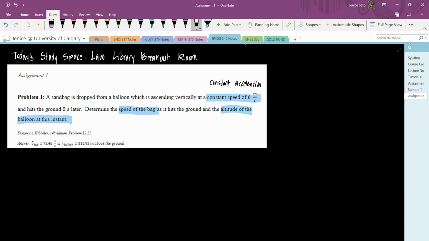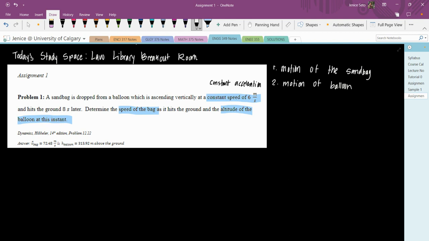There are 2 things that we need to keep in mind. First, we have to look at the motion of the bag. And we have to look at the motion of the balloon for the second part of the question. Since this does include constant acceleration, we get to use the constant acceleration equations.